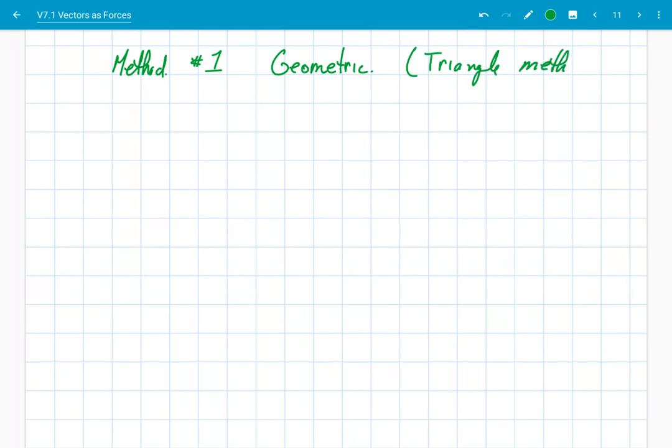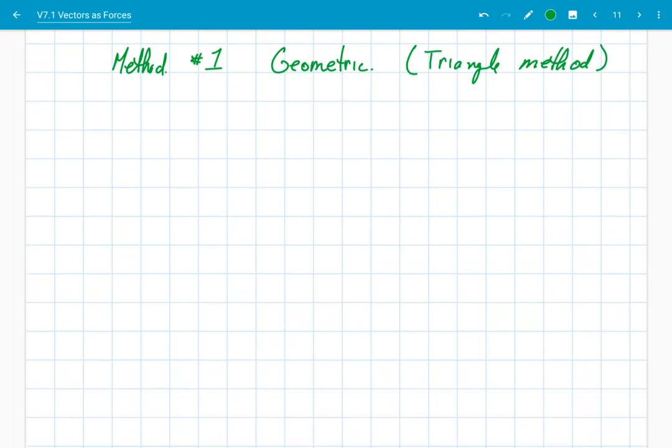The system, this weight that's suspended, is in equilibrium. There's no movement. So what we have is, if you like, the mass coming straight down, the force of gravity, let's say, which is 100 newtons.